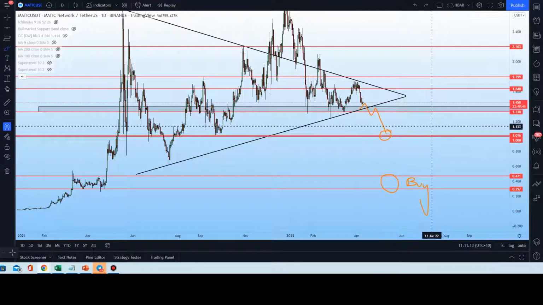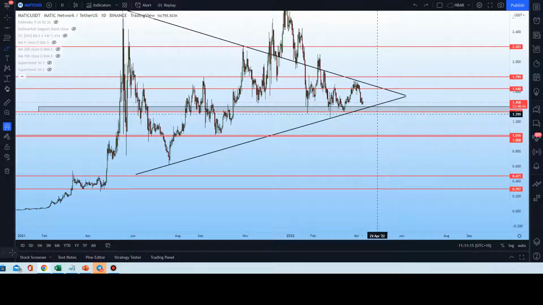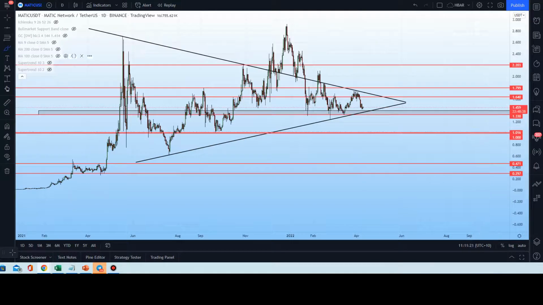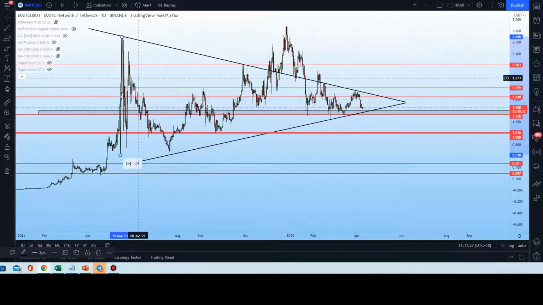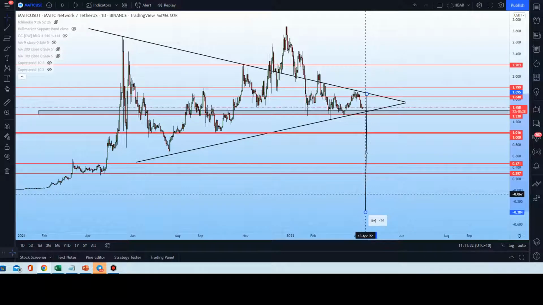It is more likely that if the price does in fact reach below this symmetrical triangle, we will continue downwards eventually, and we can estimate that by taking a measured move. We can assume the measured move is the distance between the apex of the symmetrical triangle and the first retest. So we take this measured move and apply it to the breakout point.